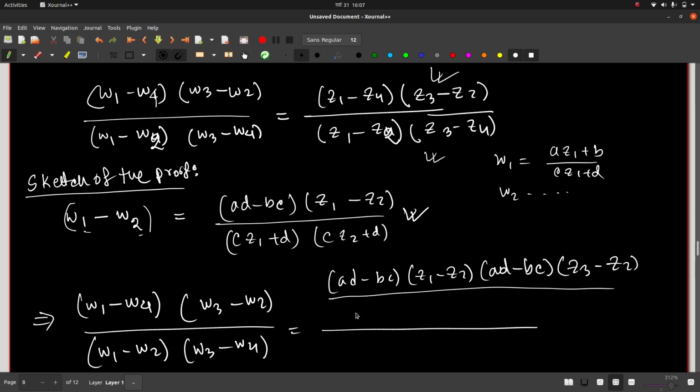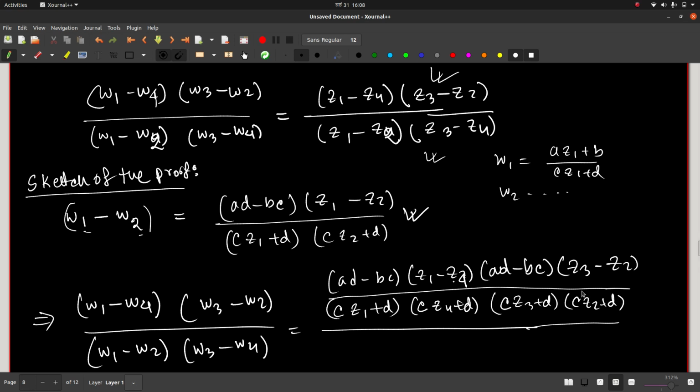It will be divided by C Z1 plus D, and then C Z4 plus D. Okay, it shouldn't be 2, it should be 4 over here. And similarly you have CZ3 plus D, CZ2 plus D, right?